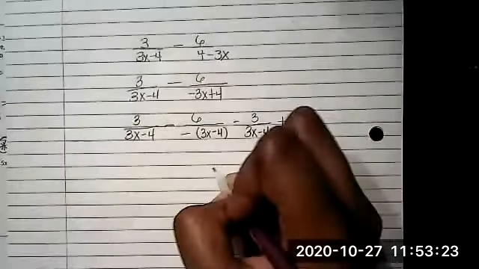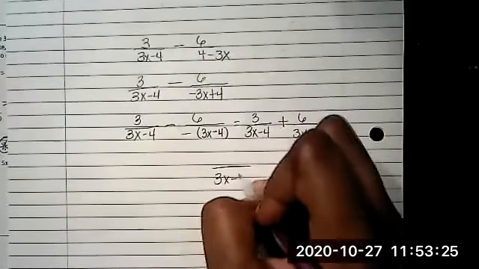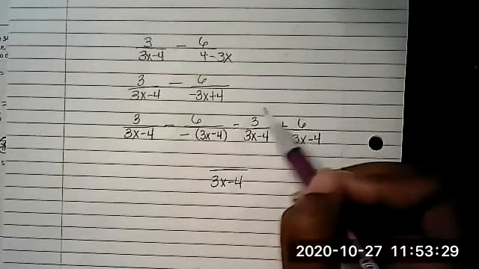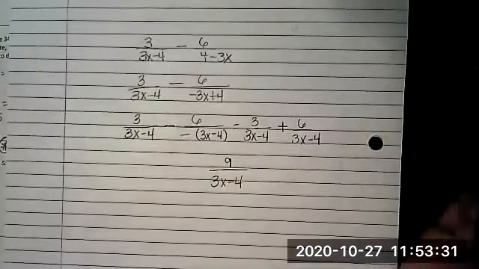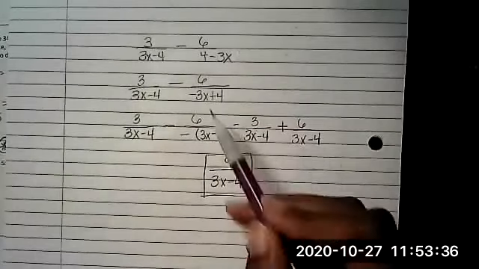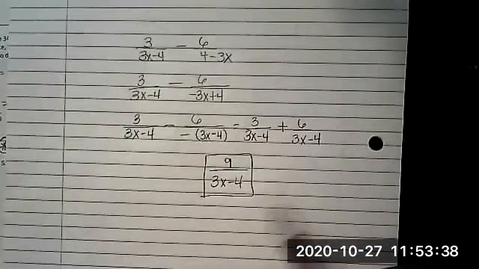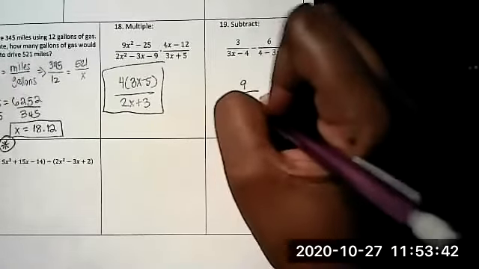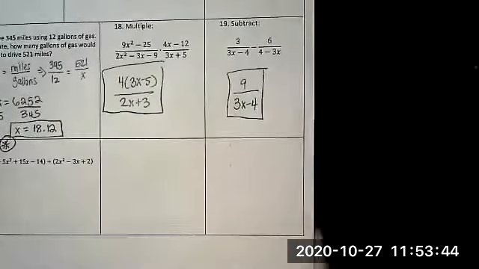They're common, and we can add the top. 3 plus 6 becomes 9. That is going to be your answer, but you have to change that bottom part. So the answer there is 9 over 3x minus 4, once we got the common denominator.